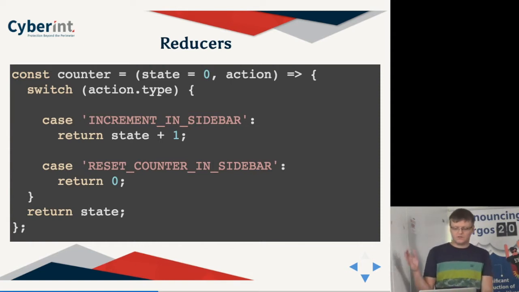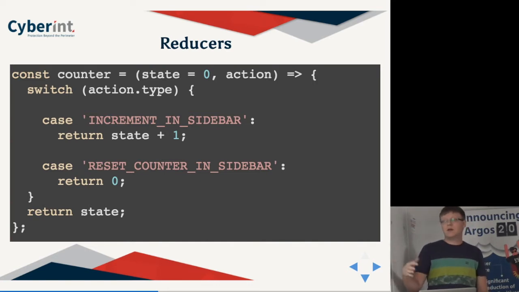Another Redux part is the reducer. Here's an example of a counter reducer. We have only two cases, only two actions: to increment the state and to reset the state to initial.